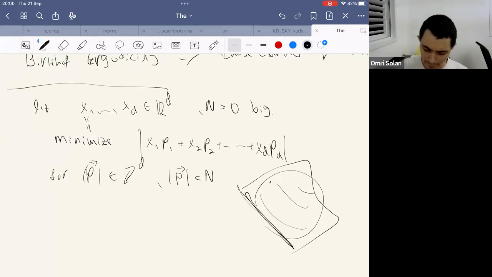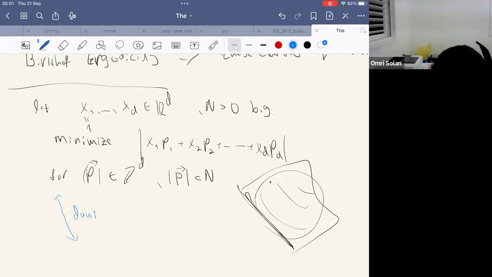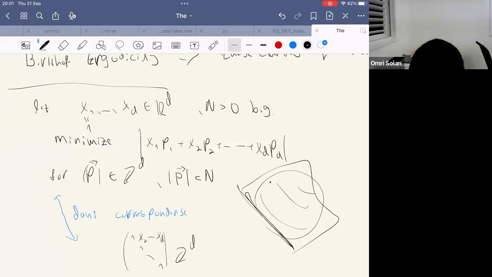It goes via very similar lines, and we need to understand the lattice Z^d with 1, 1, 1, x2, ..., xd, and now we have the matrix.